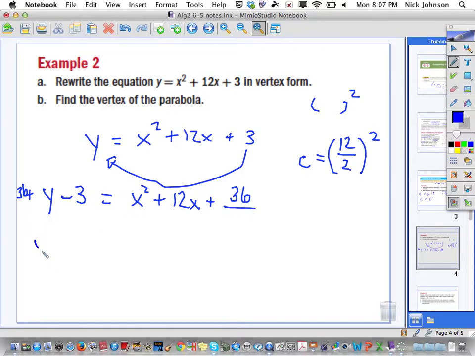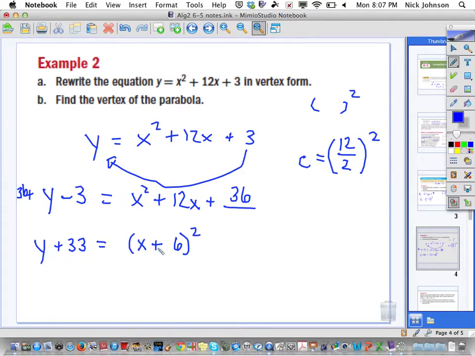So this now becomes y is 36 minus 3 is 33 is equal to x squared plus 12x plus 36, which we all know now is our perfect square trinomial. So take the square root of this is x, take the square root of 36 is 6, and the sign in the middle is plus. And now we are in vertex form.